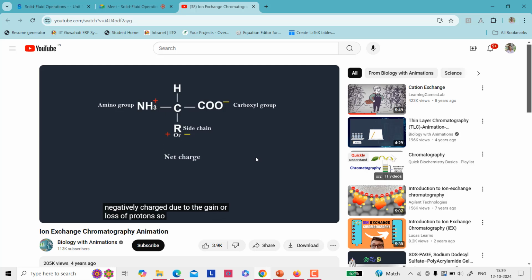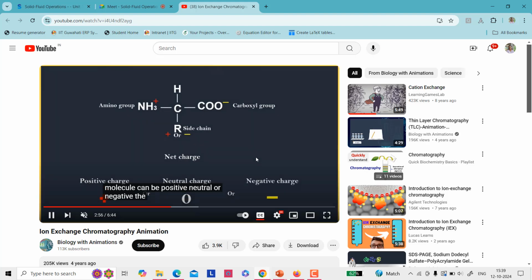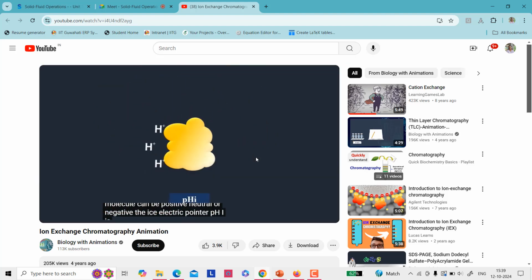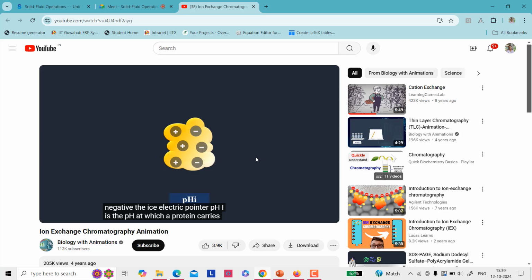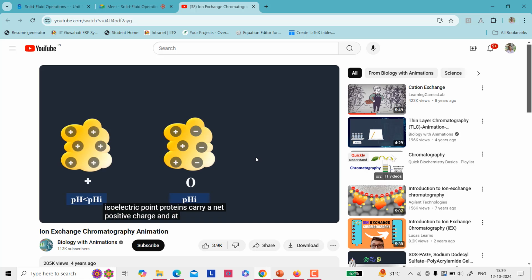The isoelectric point, pI, is the pH at which a protein carries neutral charge. At a pH below their isoelectric point, proteins carry a net positive charge, and at a pH above their isoelectric point, they carry a net negative charge.